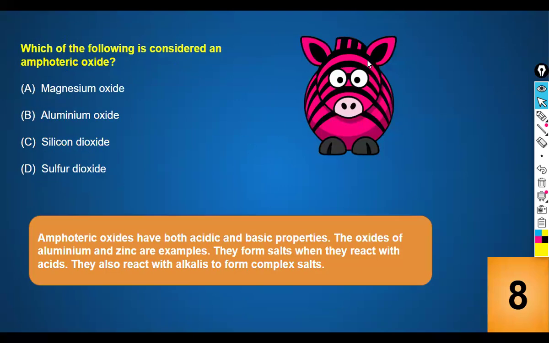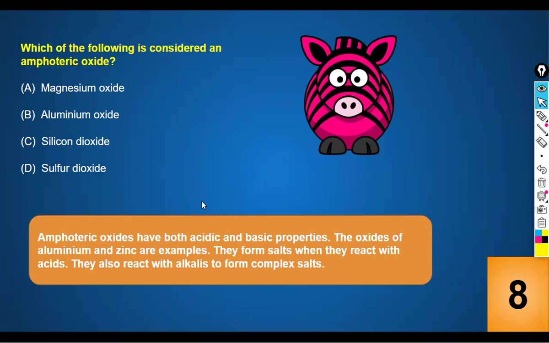All right, so I think this one is a pretty easy one, considering we did acids and bases already. Which of the following is considered an amphoteric oxide? You all remember that amphoteric acronym to remember the amphoteric compounds?